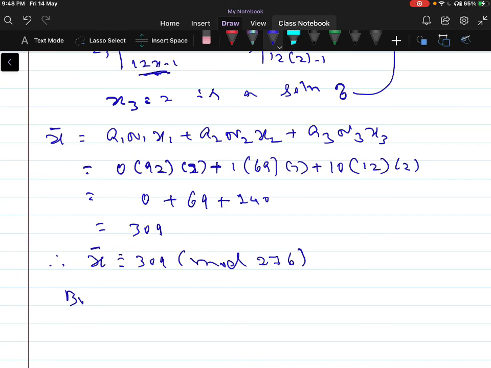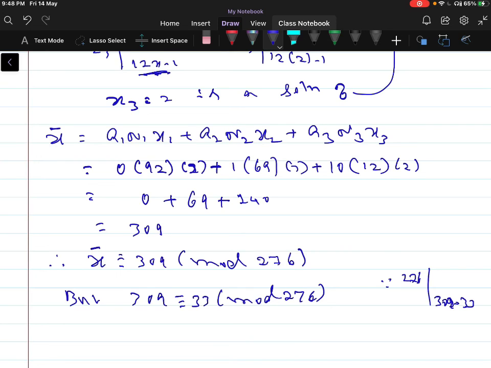But 309 is congruent to 33 modulo 276, since 276 divides 309 minus 33.